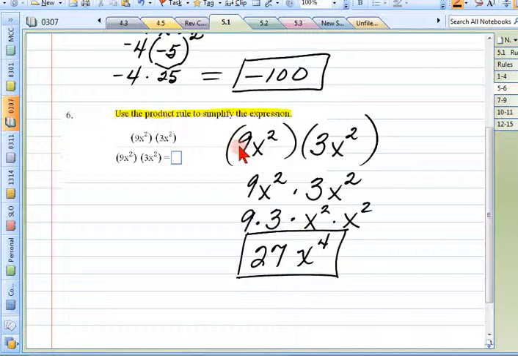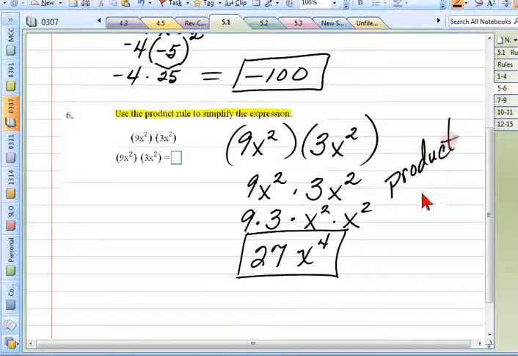So I multiply the numerical coefficients. I multiply the x's, but I do that last part by adding their exponents. So that is the product rule.